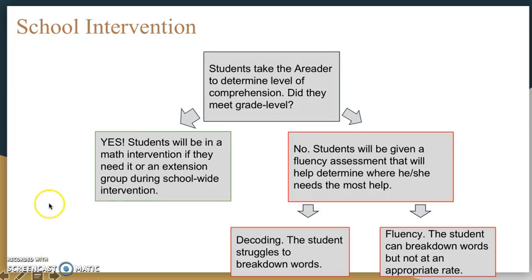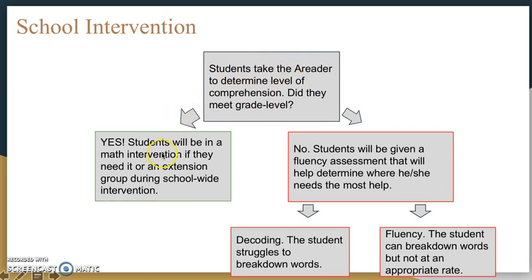So let's take a look at what we do here. So we have a building-wide intervention time where every student gets a little bit of what they need in reading or math. So let's take a look at what happens. First, all students, grades 4 through 6, they take the A reader. We want to know, can they understand grade level text?